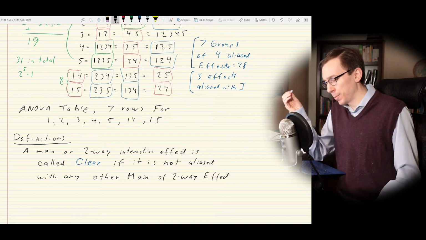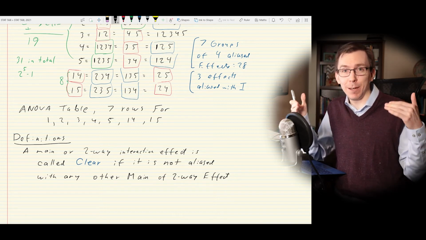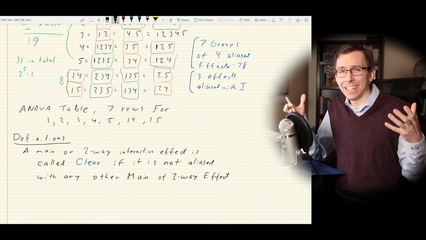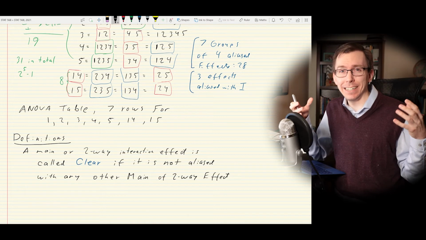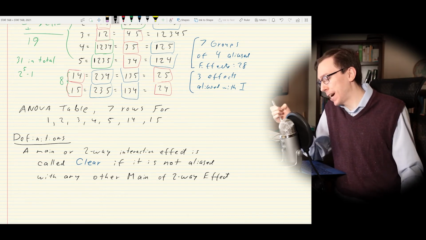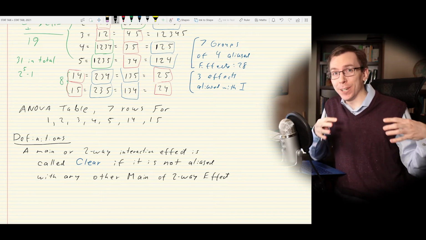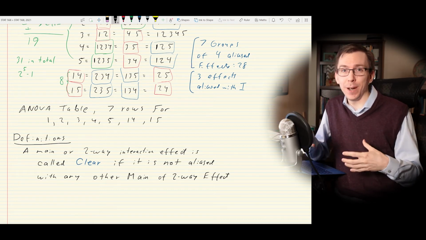So that's a desirable property because, again, we're always working under this assumption that the higher the order of the interaction, the less interesting, the less interpretable, the less likely to be significant it's going to be. So a nice property of a design would be to make sure that the main and the two-way effects, the most important ones we're going to test, are not aliased with any other main or two-way effects.